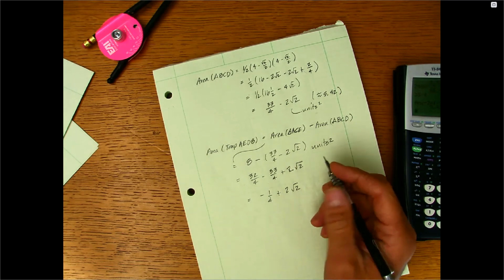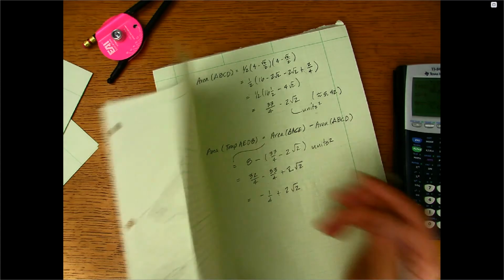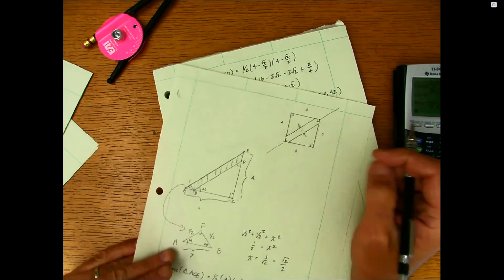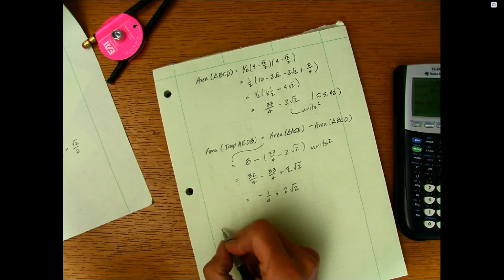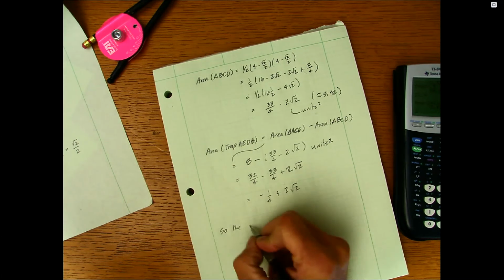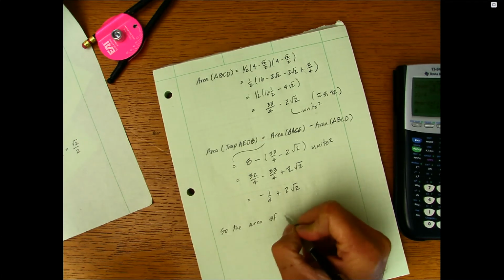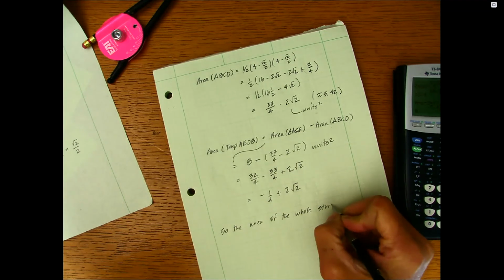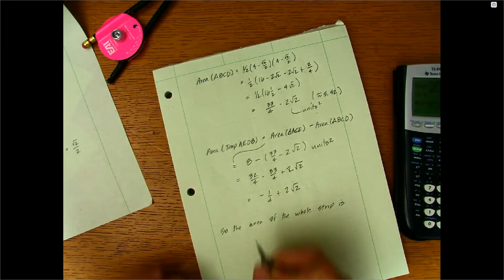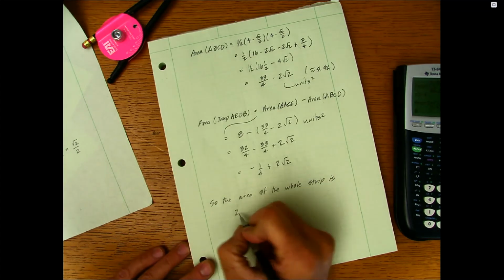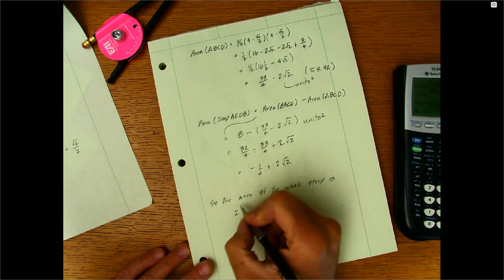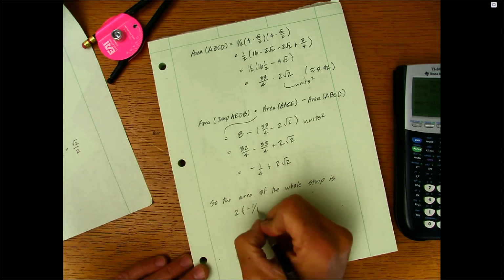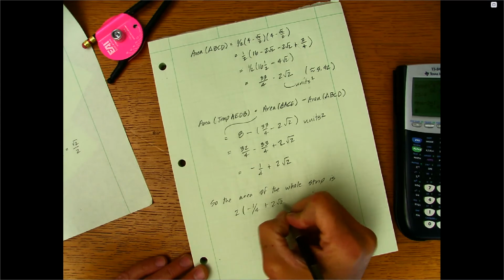We've got to be a little careful here, right? Because the way that we started out is we found the area of just that half strip, but we want, of course, the area of the whole strip. So the area of the whole strip is 2 times this value, negative 1/4 plus 2 root 2.